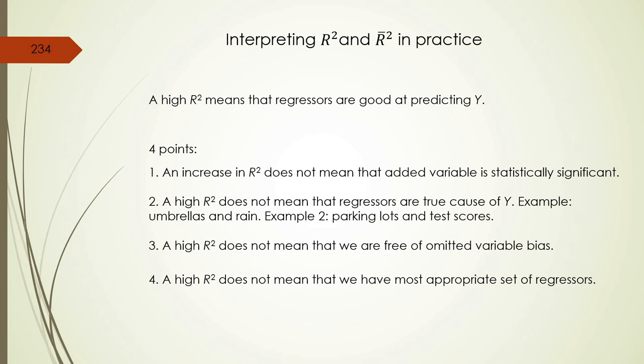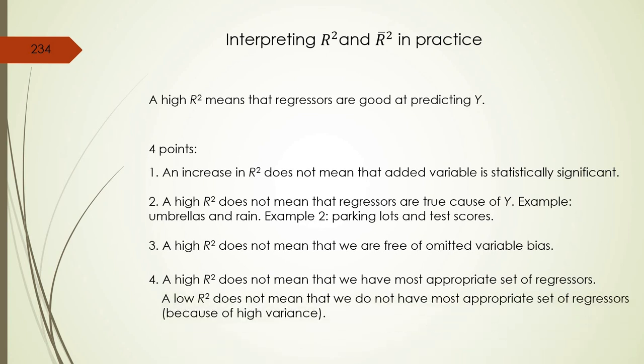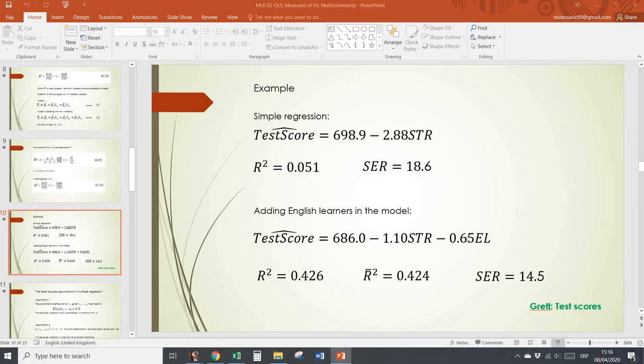So you must be very, very careful while exploring the list of variables or your specification for developing the model. A low R-square doesn't mean that we do not have the most appropriate set of regressors, because of high variance also. This is the end of the presentation.